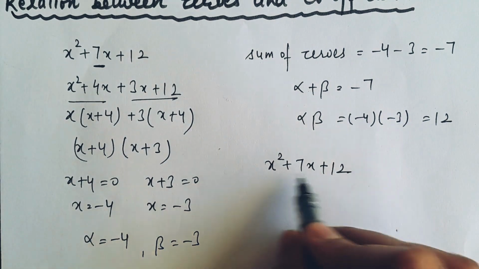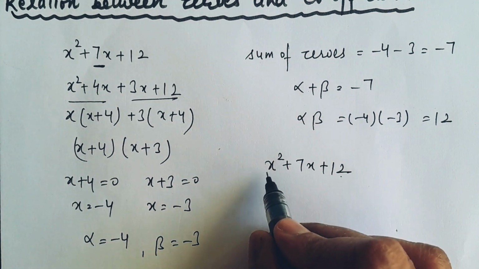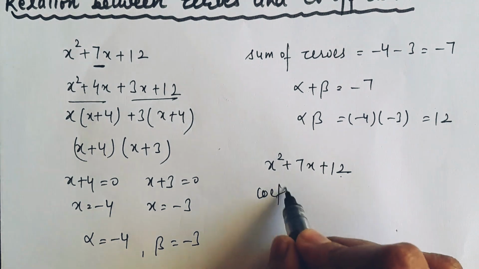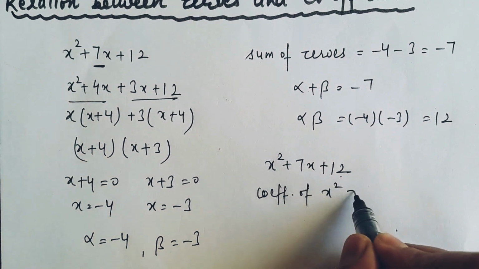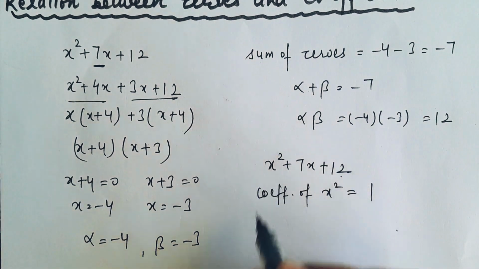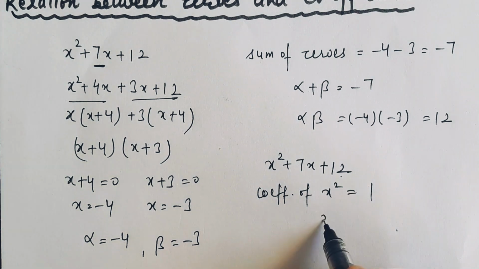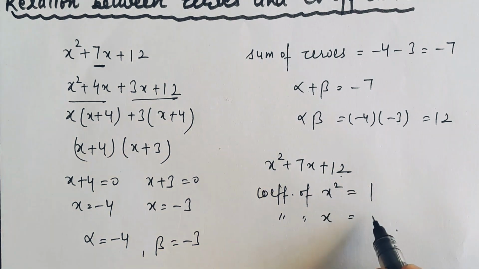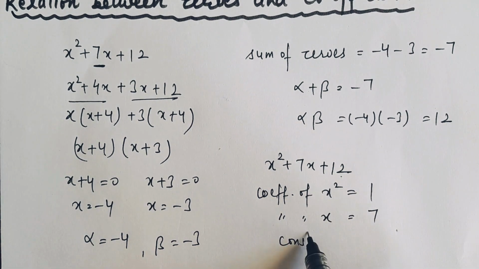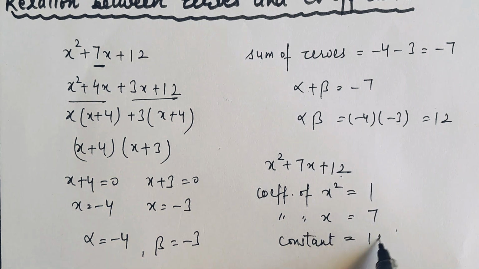Now here if we check out the coefficients of this polynomial, what is the coefficient of x square here? 1, because nothing is written, that means coefficient is 1. Coefficient of x is 7 here, and constant term is 12 here.